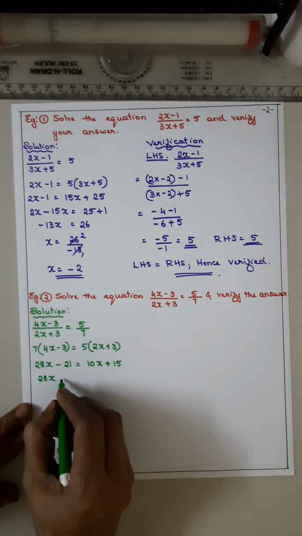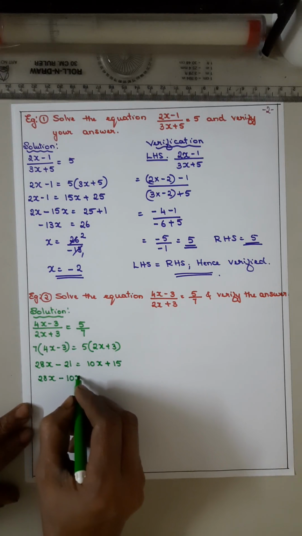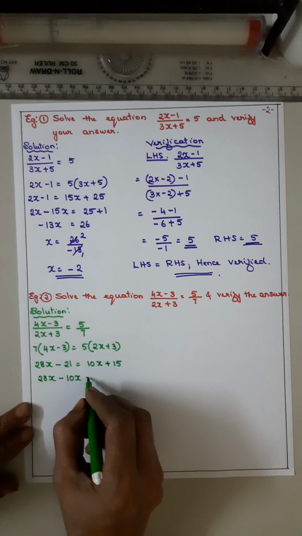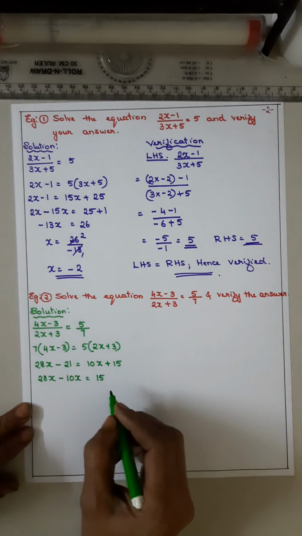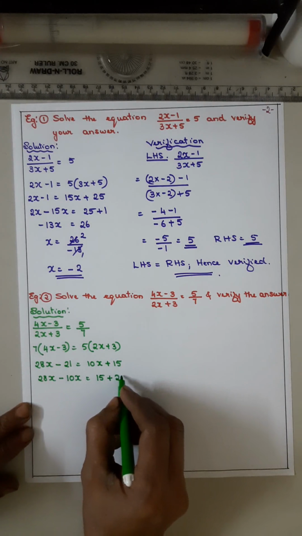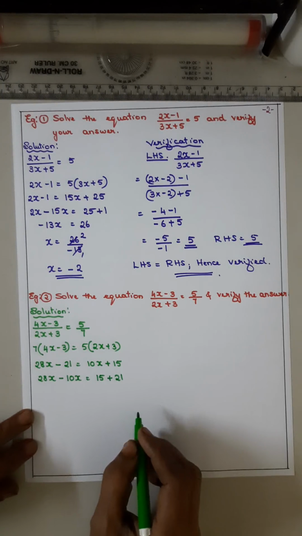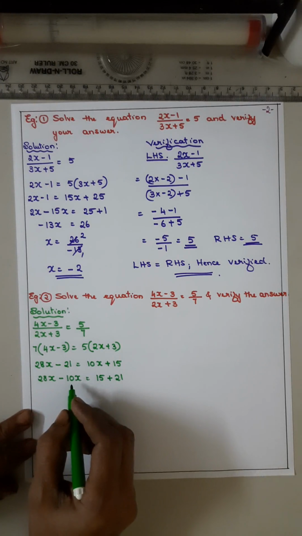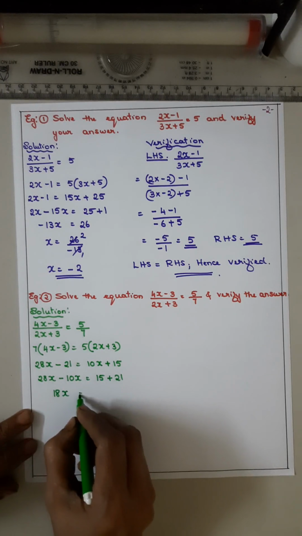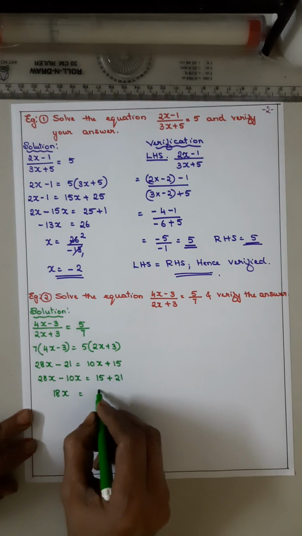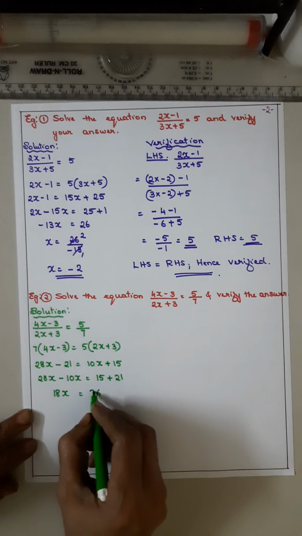When you bring 10x this side, it will be minus 10x is equal to, right side it is 15, take minus 21 to the other, so it becomes plus 21. Now 28 minus 10, it becomes 18x is equal to 36.